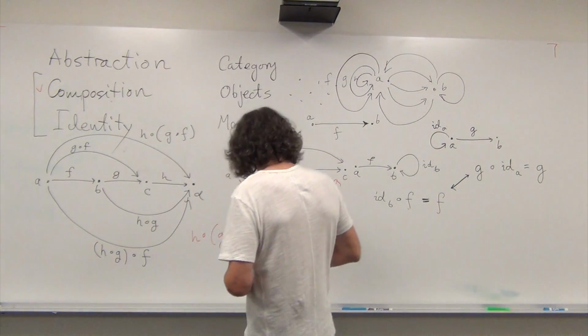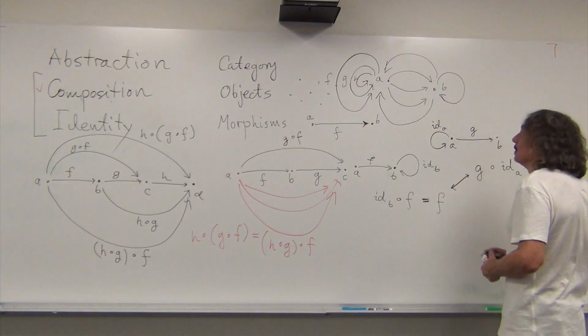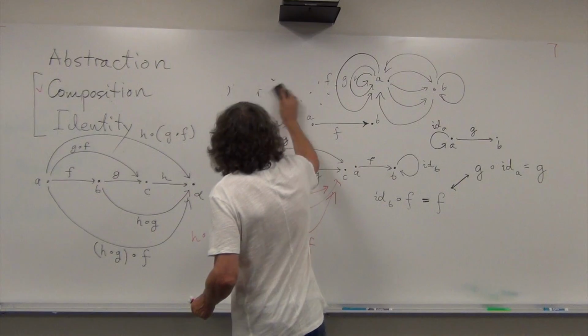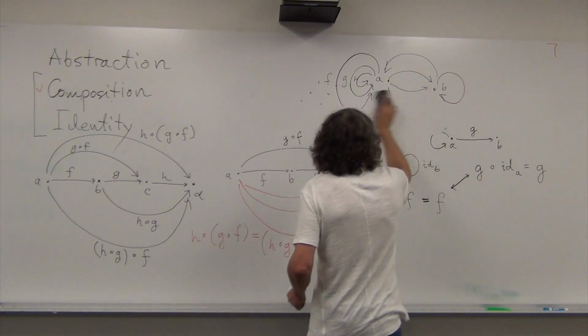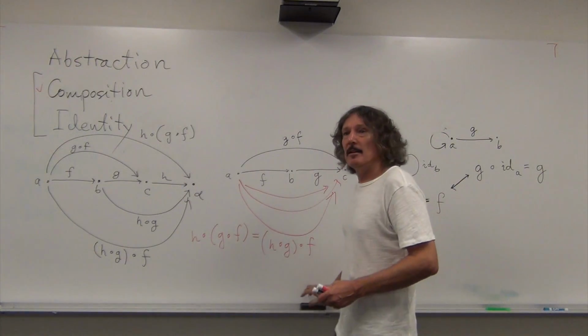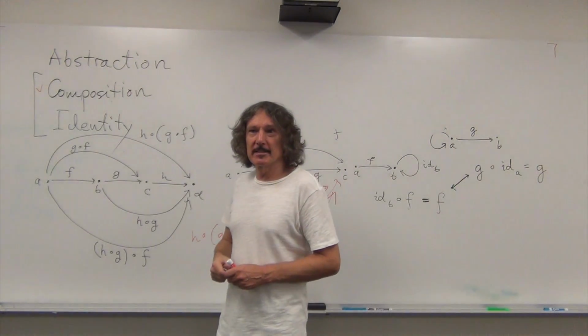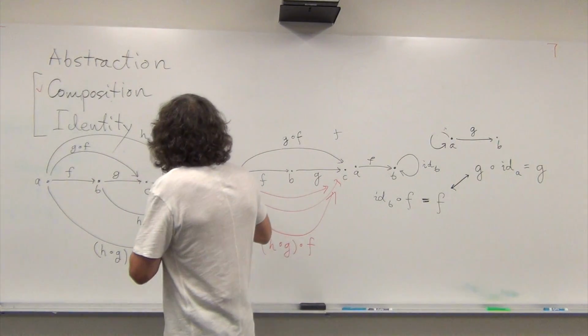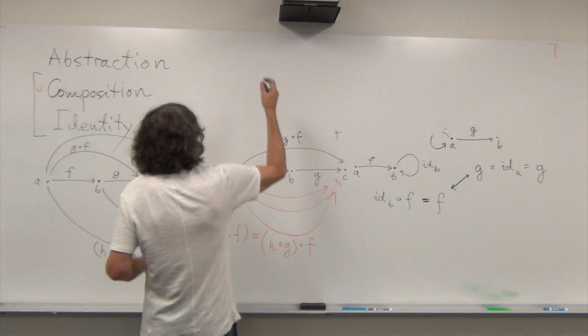So I can even draw a picture of what I mean by a function in a set. So I hope you memorize the definition of category, right? I mean, it's so simple. It's very elementary. So I can erase this now.